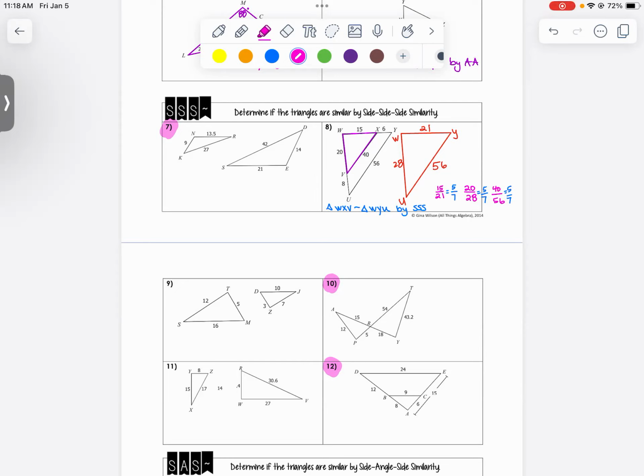It's not. You know what? Don't do 10, just do 7 and 12. Will that be okay? Okay.